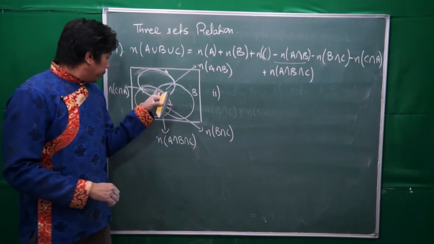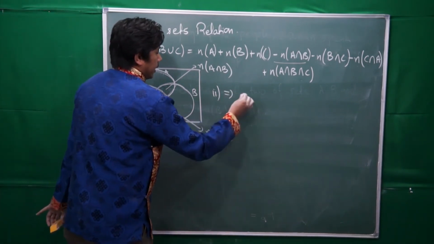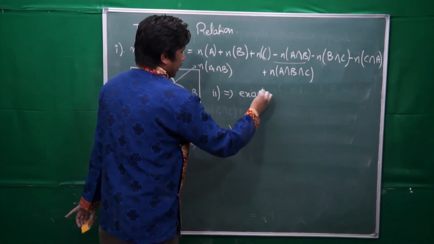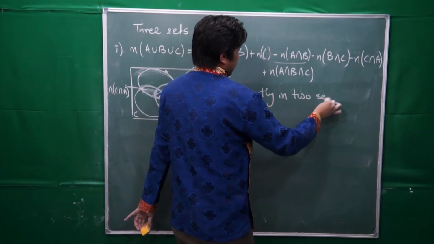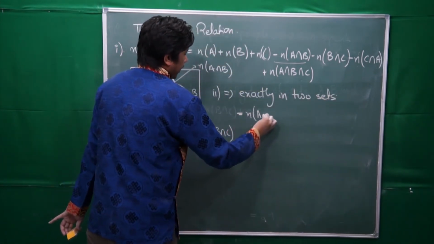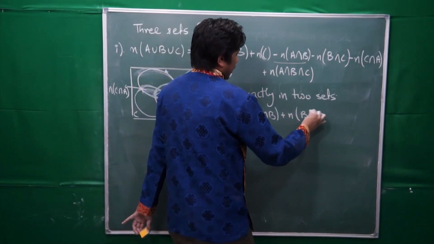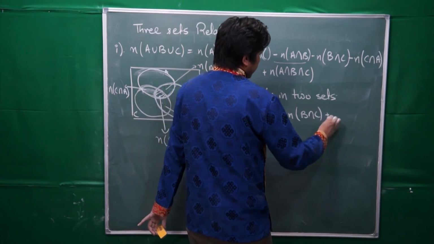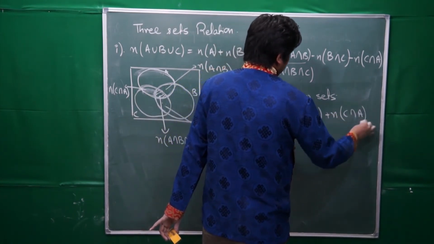Now, when we are talking about this part, exactly in two sets, this would be equal to number of A intersection B plus number of B intersection C plus number of C intersection A.